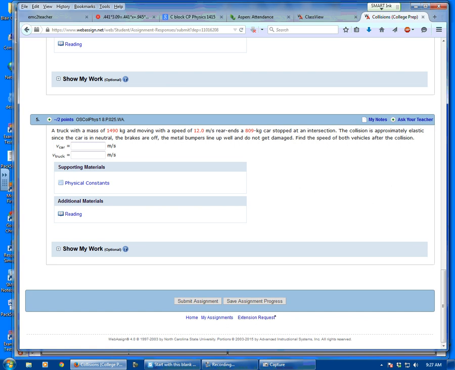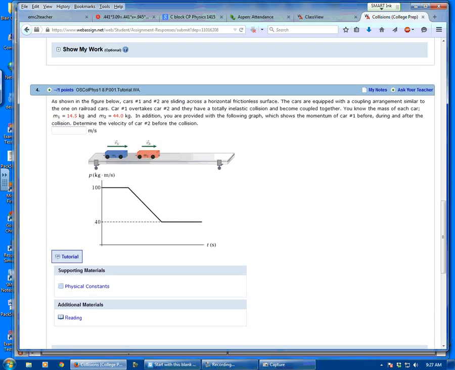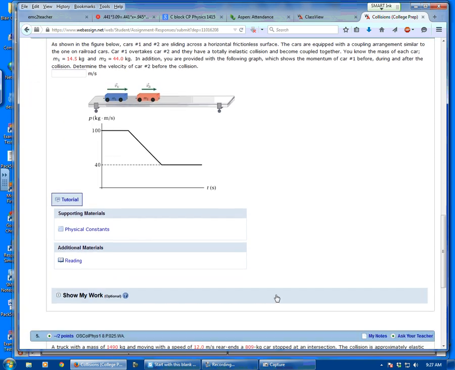It does ask for the speed, so you shouldn't have to worry about positive or negative in your answers. Make them both positive. So it asks for speed, not velocity. All right? So let me know if you need help individually on those. And don't forget, 4 has that tutorial feature that will help you work through it if you have any questions on number 4.